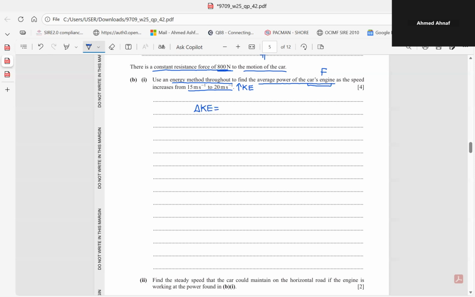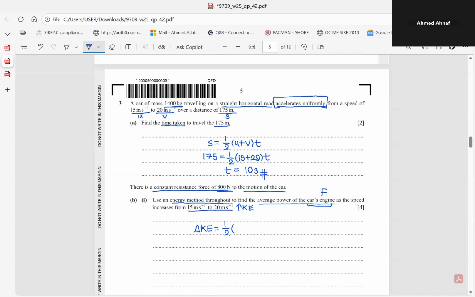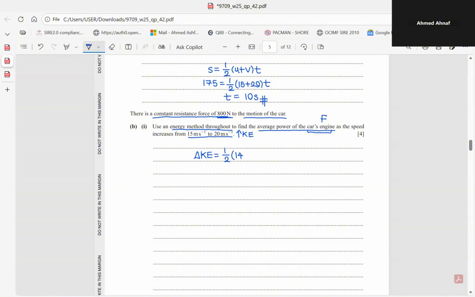Let's find that first. The final KE would be half times the mass, 140,000, times the final speed, 20 squared, minus the initial KE. Sorry, let's think of it as the work done by the car's engine is converted to KE as well as the work done against the resistive force.